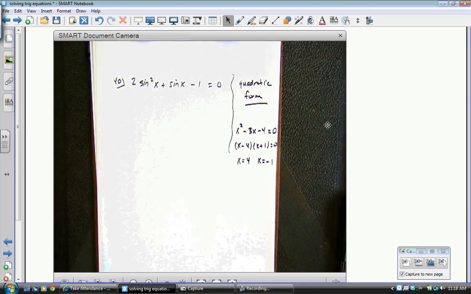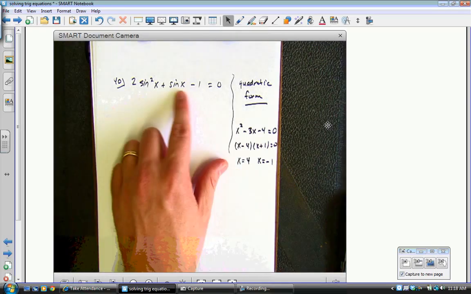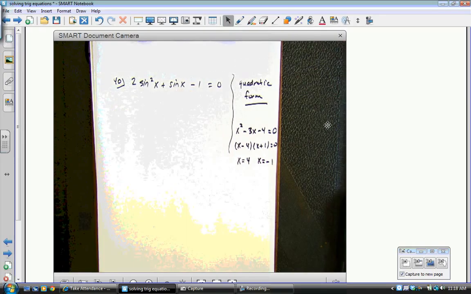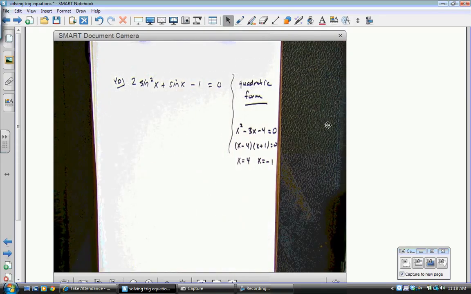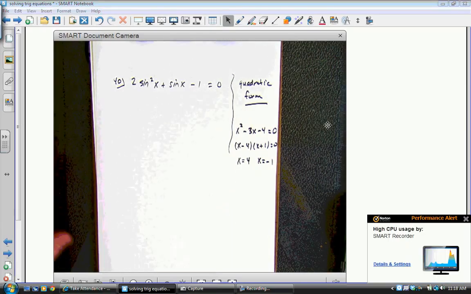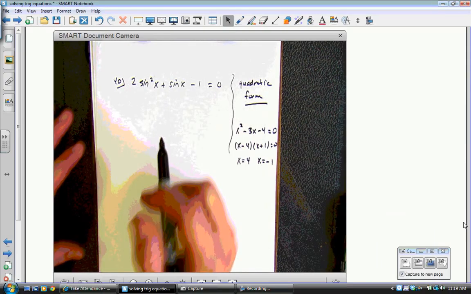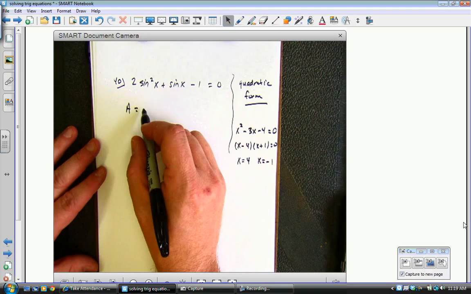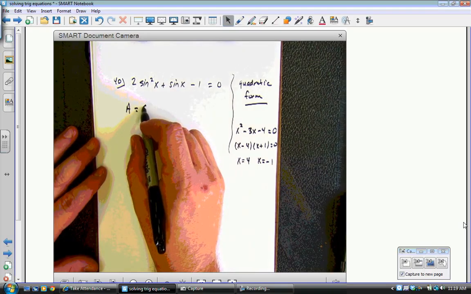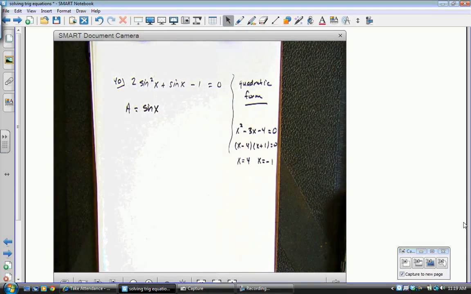Okay, now what we're going to do with this is real similar to what we're going to do with the trig form that's a quadratic form. To make it easier to factor, we're going to do that substitution thing. We're going to let a be equal to sine x.